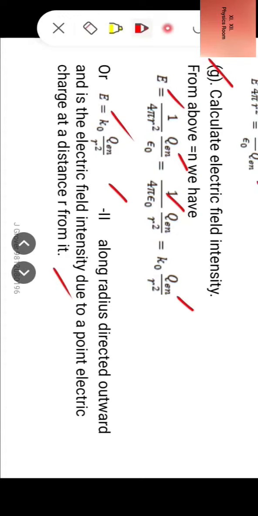Also, we have derived this expression using Coulomb's law, because Coulomb's law is only applicable to point electric charges and is not a fundamental law, but Gauss law is a fundamental law. It can be applied to point electric charges as well as charge distributions. So, next 3 applications are to be dealt with charge distributions.